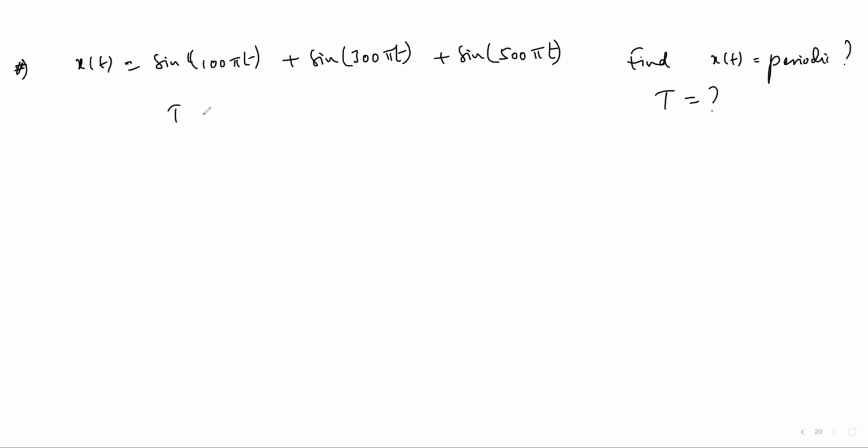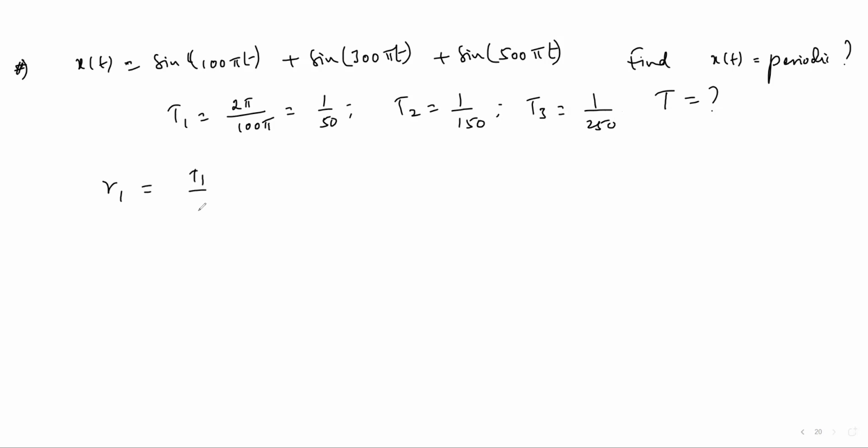First, time period T1 is 2 pi by omega, that is 2 pi by 100 pi equal to 1 by 50. In a similar way, T2 is 1 by 150. T3 is 1 by 250. Now the second step is ratios.